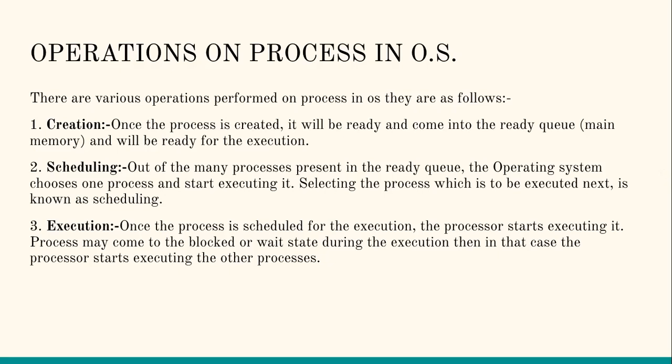Selecting the process which is to be executed next is known as scheduling. The third operation is execution. Once the process is scheduled for execution, the processor starts executing it. A process may come to the blocked or wait state during execution, and in that case, the processor starts executing the other processes.